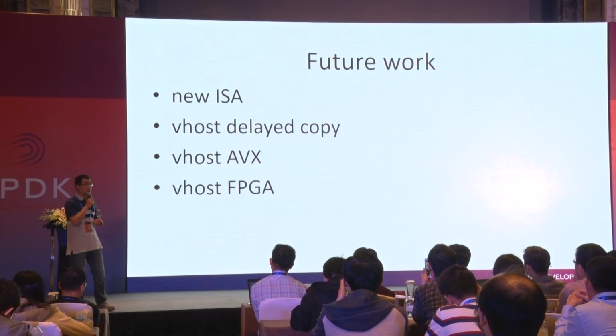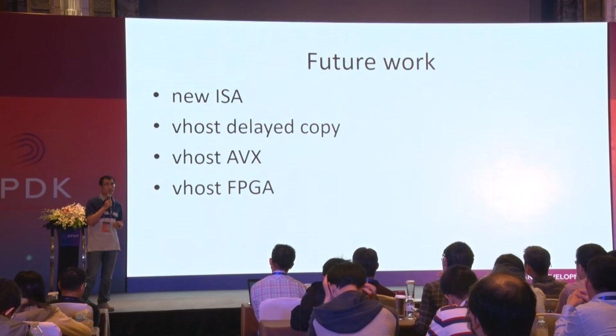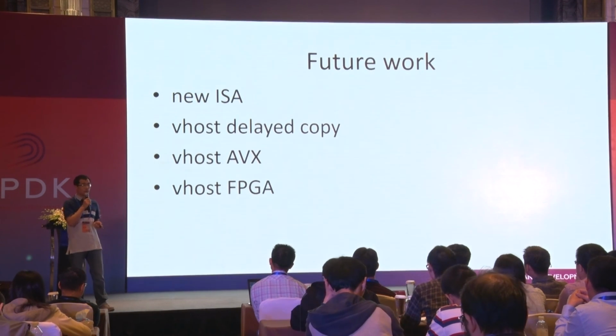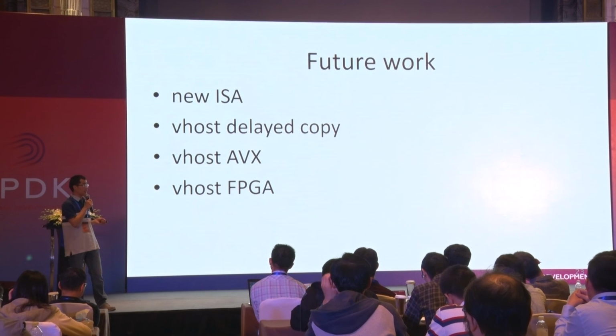It may modify the buffer. Buffer content will be migrated to the vhost cache. So the vhost core doesn't have to process this information. It can use the latest instruction set.